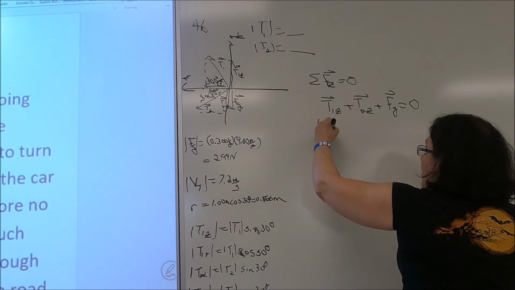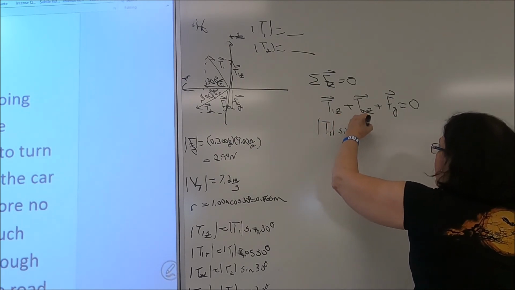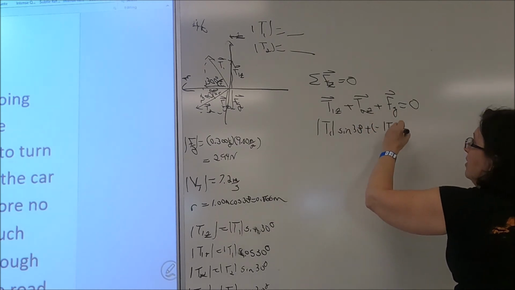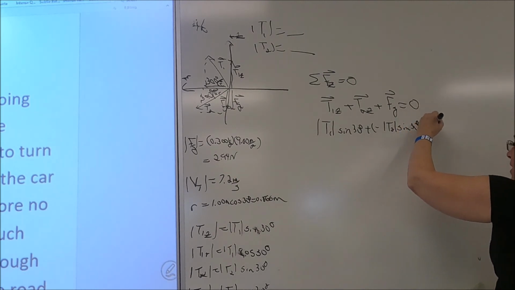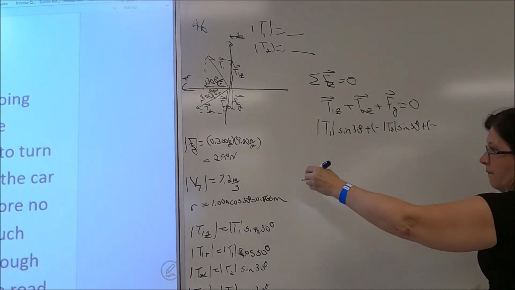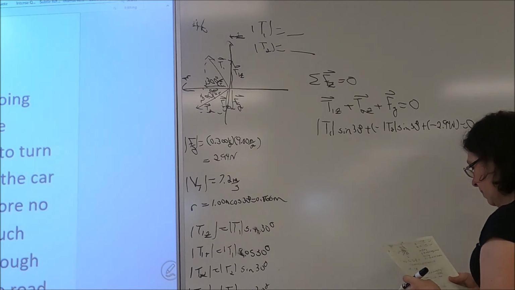So I have T1 sine 30 degrees plus a minus T2 sine 30 degrees plus a minus 2.94 newtons has to be equal to 0.